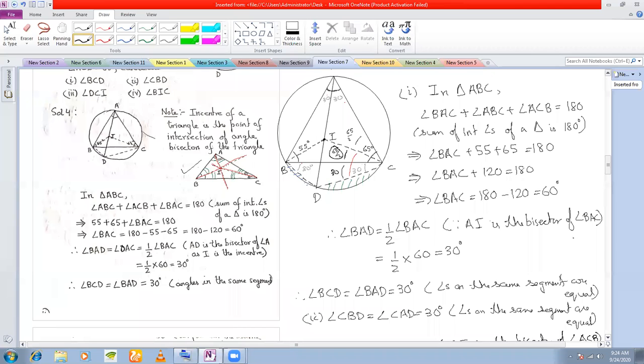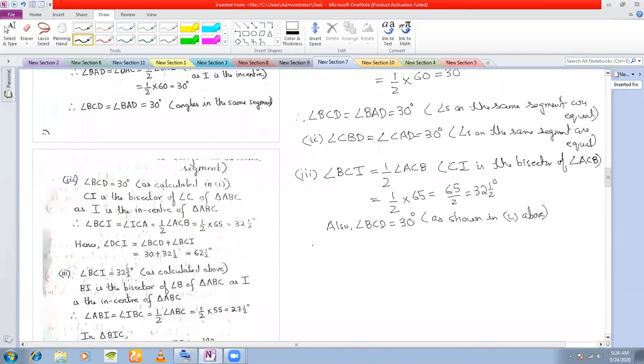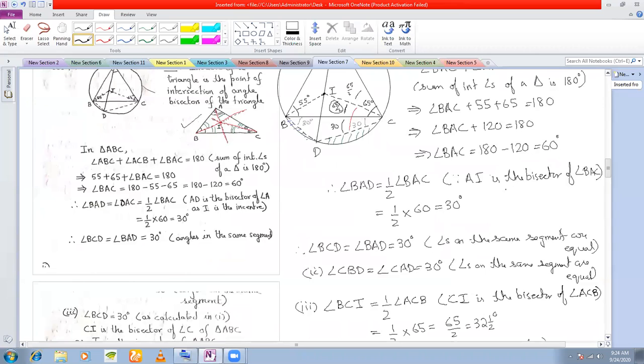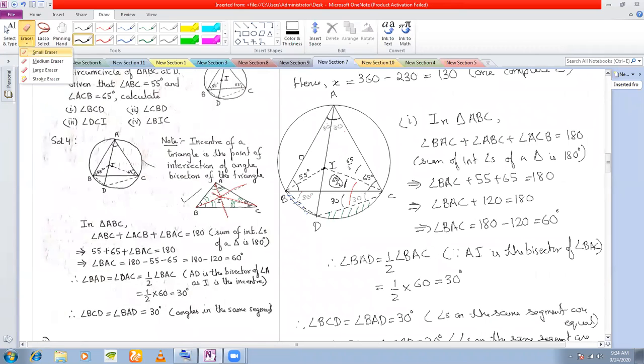DCI is the sum of these two angles. Hence, angle DCI is the sum of 30 and 32 and a half, which gives you 62 and a half degree. Okay. So this is about the third question.